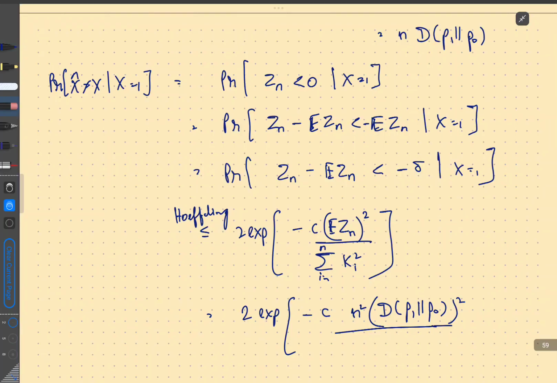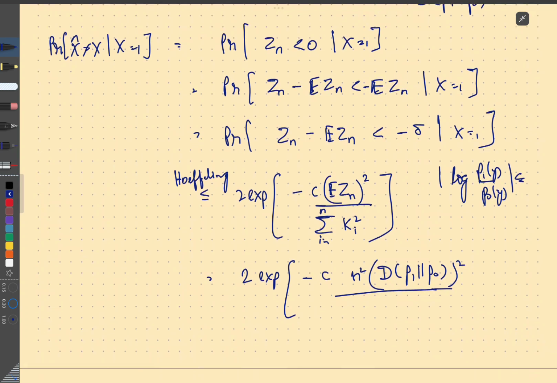So I know that the modulus of log P1 of y by P0 of y is less than or equal to, I have some assumptions on P0 and P1, right? So this is less than or equal to log 1 by P0, or log 1 by P min.